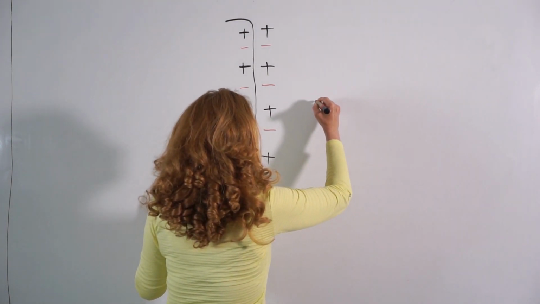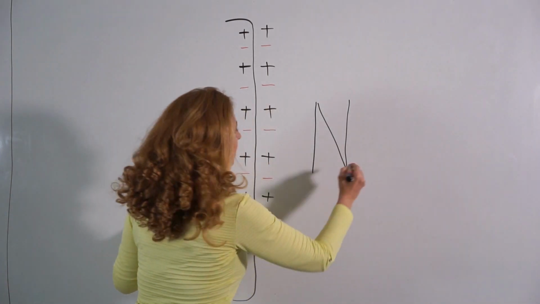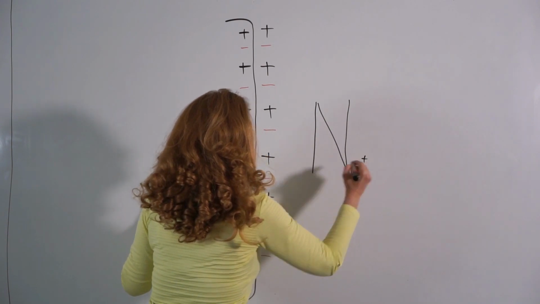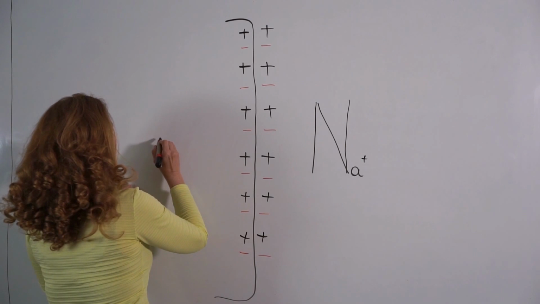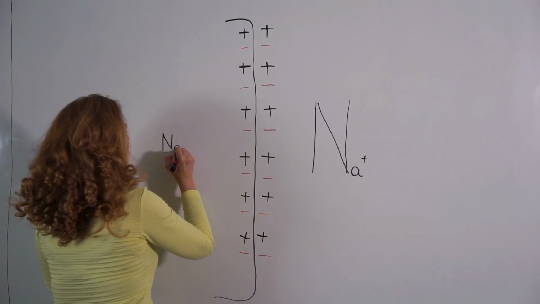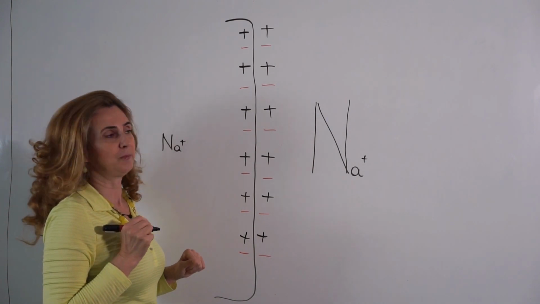The concentration of sodium is high on the outer side of the cell membrane, in the extracellular fluid, and concentration is low on the inner side of the cell.